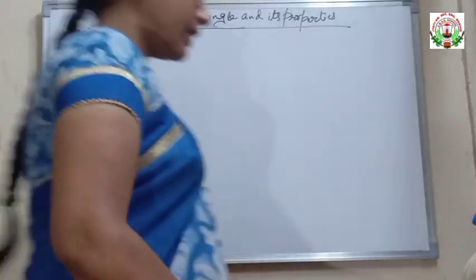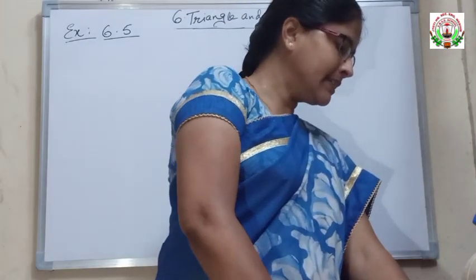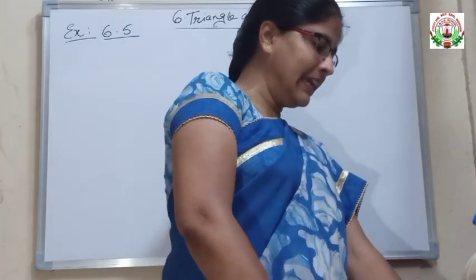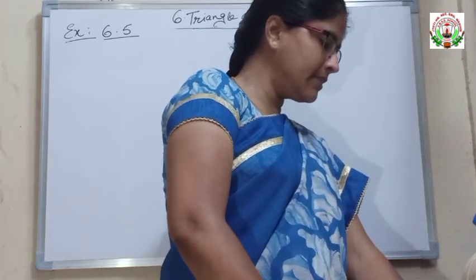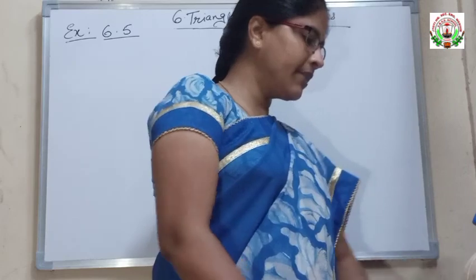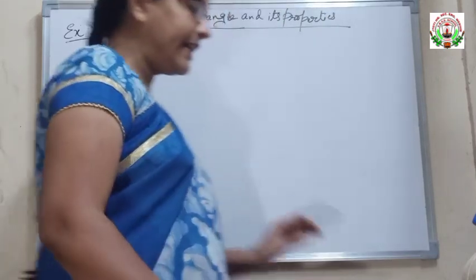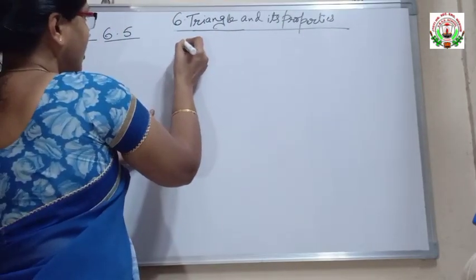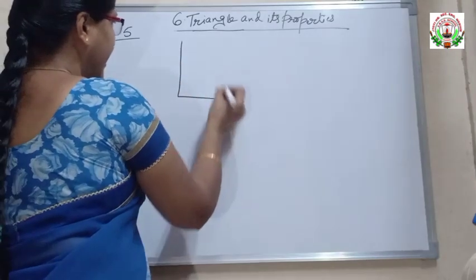The second question is: ABC is a triangle, right angled at C. If AB is 25 centimeters and AC is 7 centimeters, find BC. They have given a triangle ABC, right angled at C. So let us draw the figure first. It is a right angle triangle.